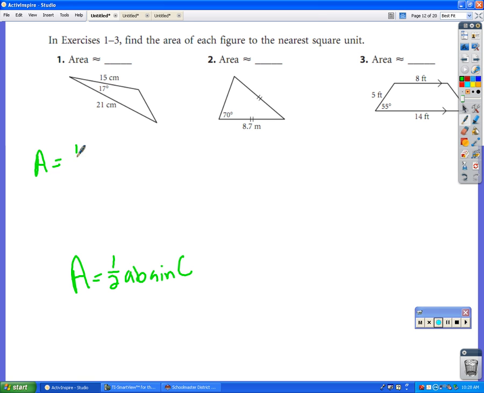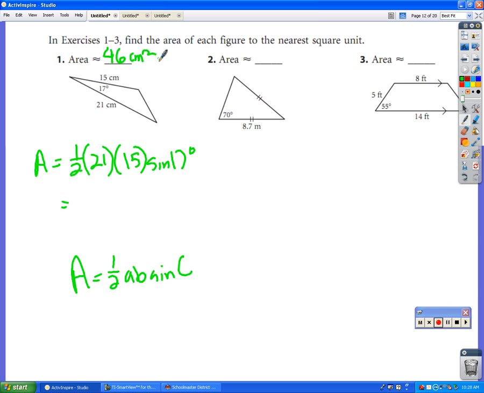So the area of that triangle is going to be 1/2 of 21 times 15 times the sine of 17 degrees. So that is just a calculator problem. 0.5 times 21 times 15 times the sine of 17 degrees, and that comes out to be 46, what are we in, square centimeters, okay?